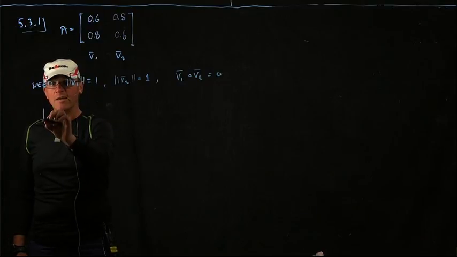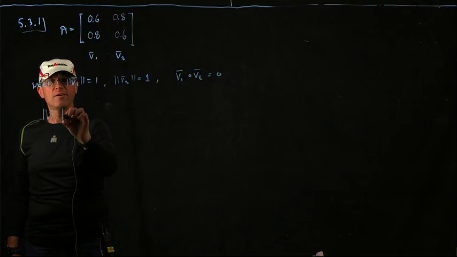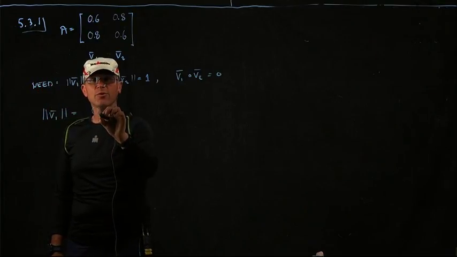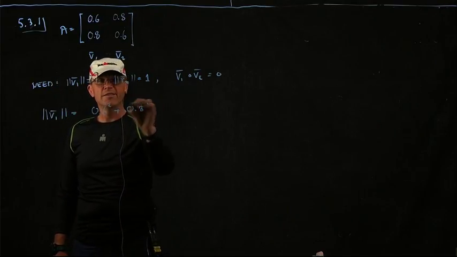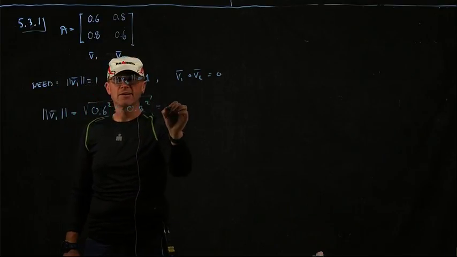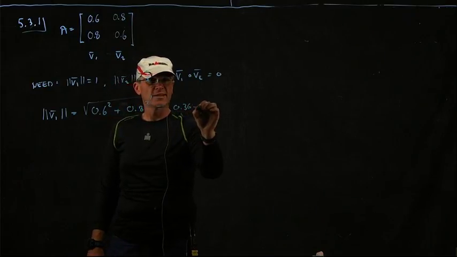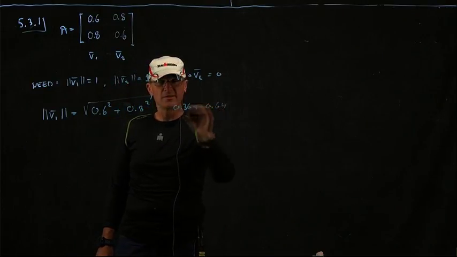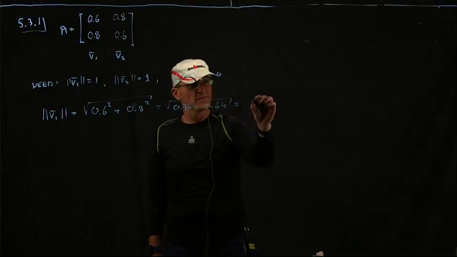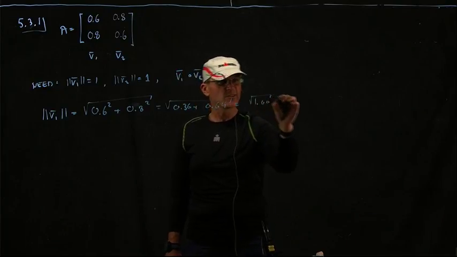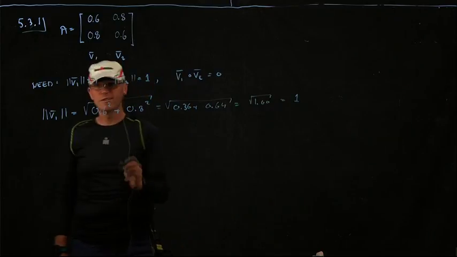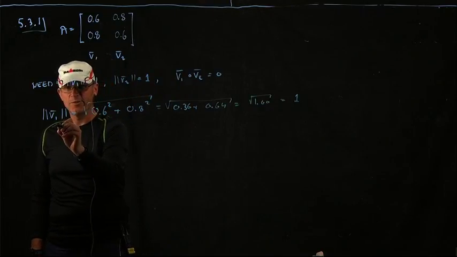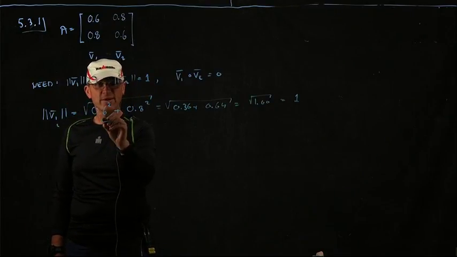Now, the lengths: that's the square root of 0.6 squared plus 0.8 squared. So 0.36 plus 0.64, so the square root of 1.00, that's 1. Then of course for V2, we're just flipping the order.